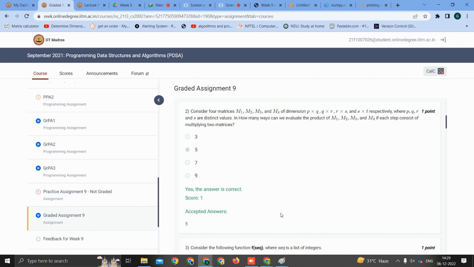In how many ways can we evaluate the product of M1, M2, M3, and M4 if each step consists of multiplying two matrices?